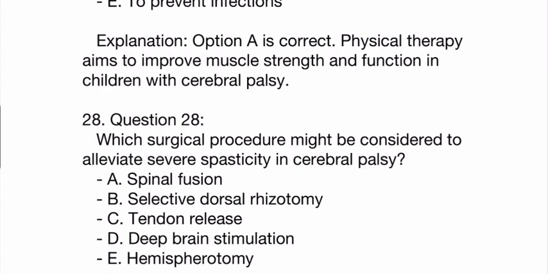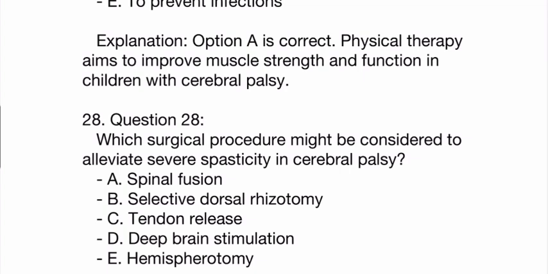So this procedure is done under general anesthesia, and it's a minimally invasive procedure which involves identifying the actual nerves or nerve roots that are responsible for the spasticity that is present, and they are carefully cut or sectioned to reduce the abnormal signals that are being sent to the muscles, and as a result, there is a reduction in spasticity.